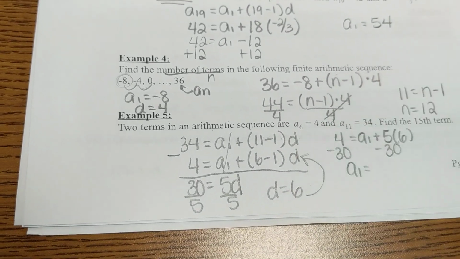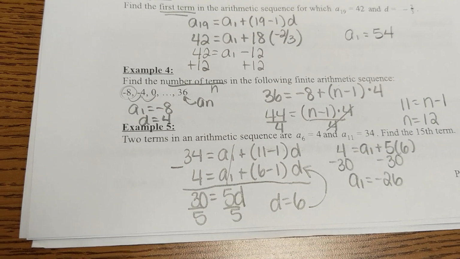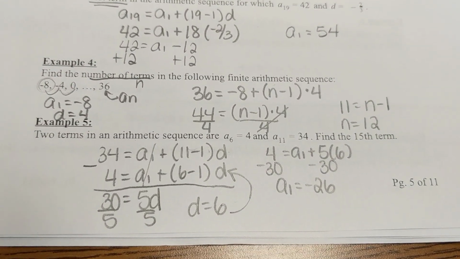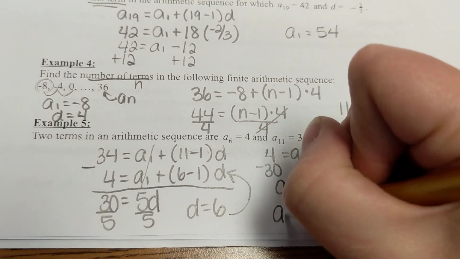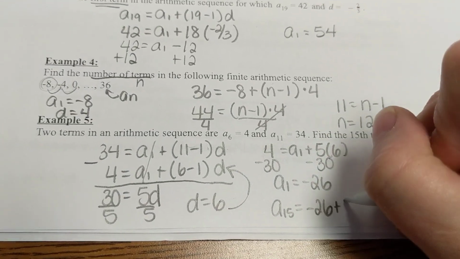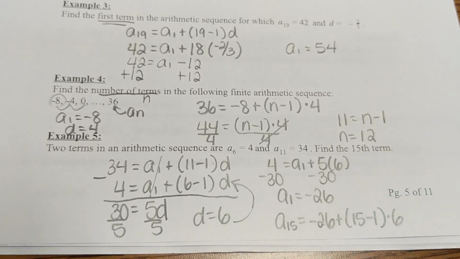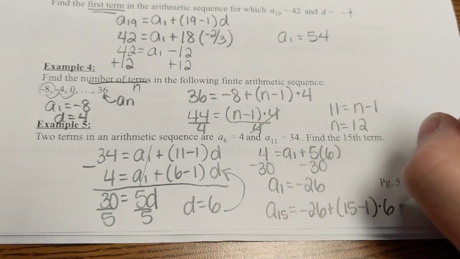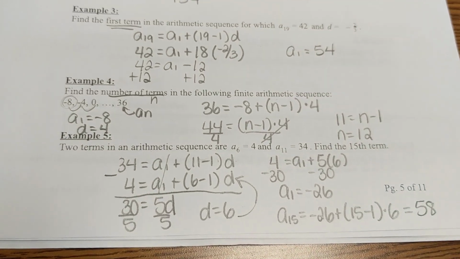So I get that a sub 1 is negative 26. So now I can use that information to find a sub 15. So a sub 15 equals first term plus 15 minus 1, and my common difference was 6. We plug that all into our calculator and we get 58.